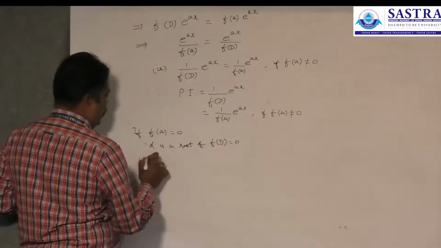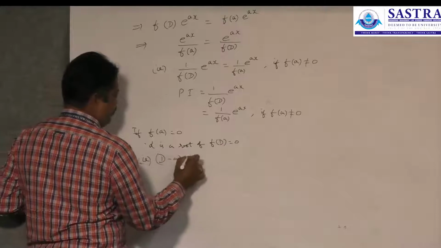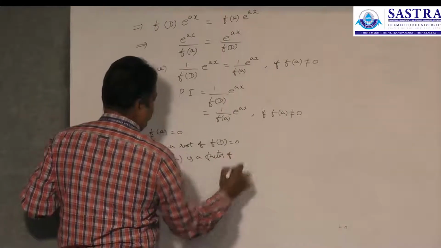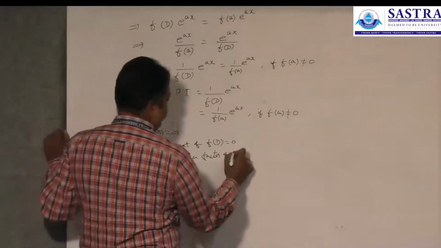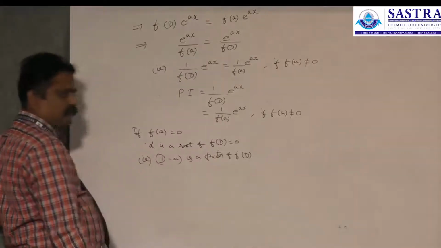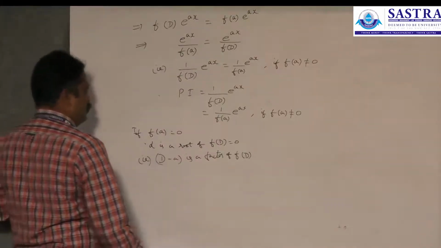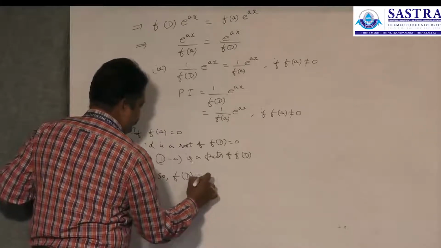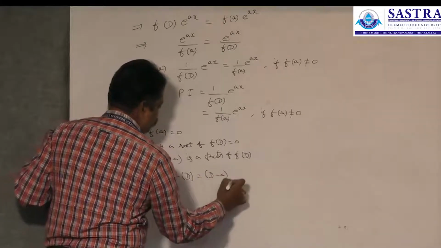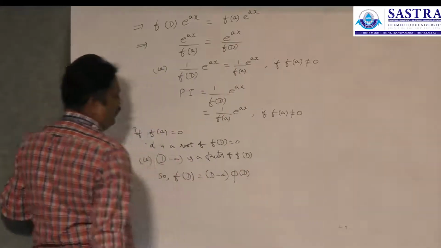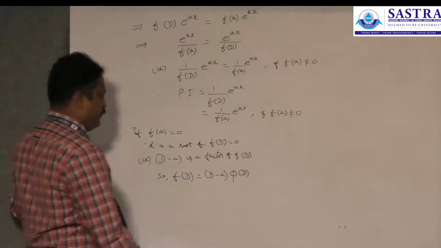That is, D minus a is a factor of f(D). So f(D) can be written as (D minus a) into phi(D).